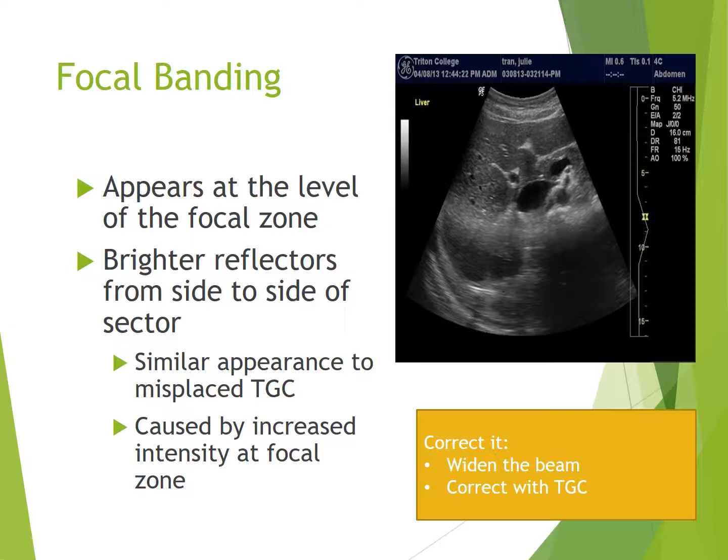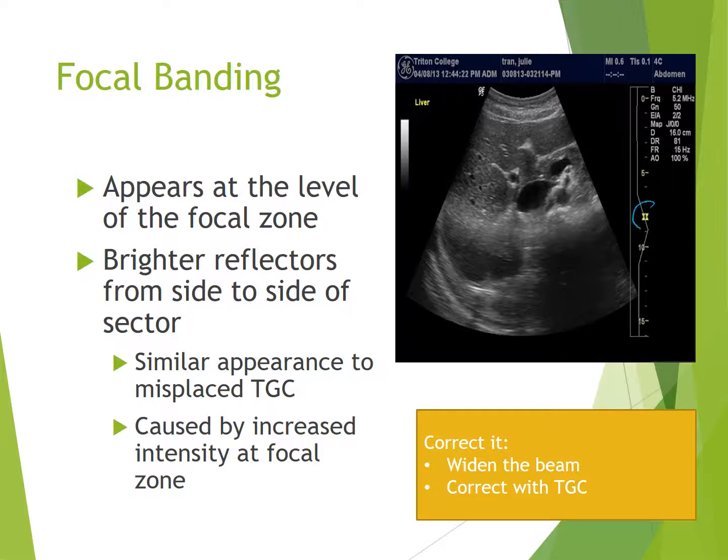The last attenuation artifact that you need to know about is called focal banding. This is going to appear at the level of the focal zone. Brighter reflectors are going to come across the picture, kind of side to side of the sector. This might look like a TGC has been displaced, and it's caused by an increased intensity at the focal zone.